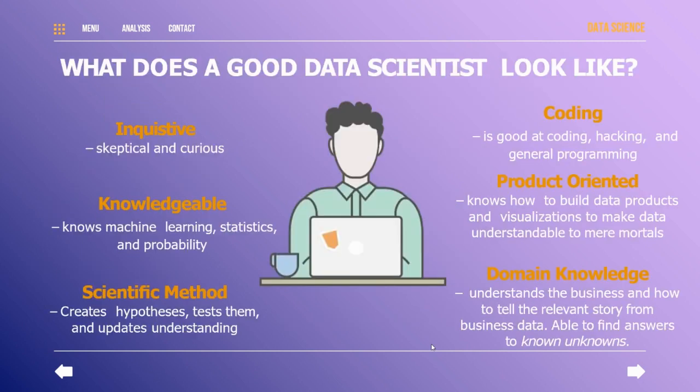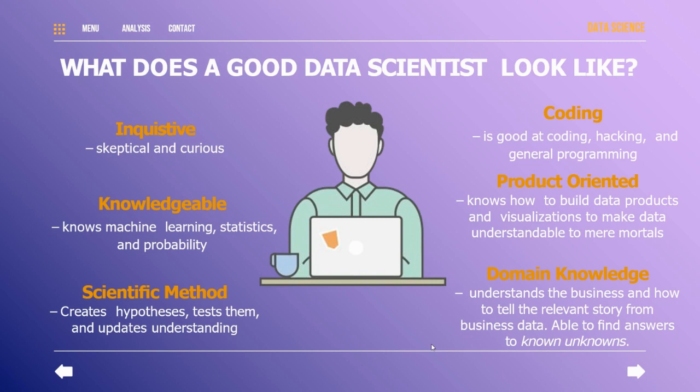What does a good data scientist look like? He must be inquisitive. Inquisitive means he must be curious about the topic. Why did the topic come? What can we do about this topic? Etc. Now, knowledgeable. He should be knowledgeable in the domains of machine learning, statistics, and probability.